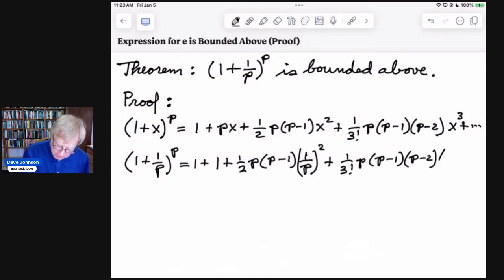X cubed gets replaced with 1 over p cubed plus dot dot dot.